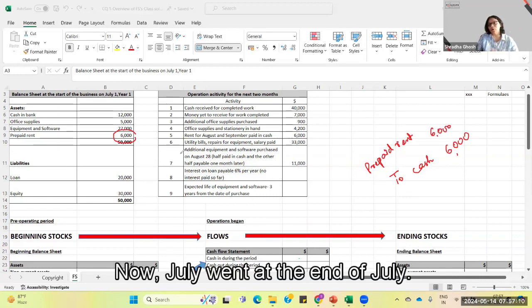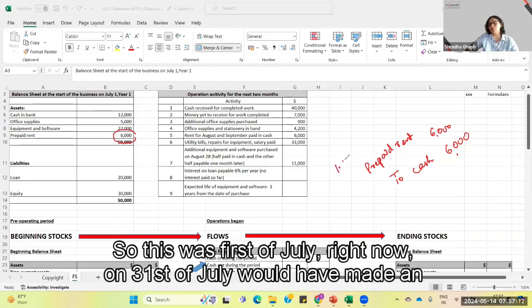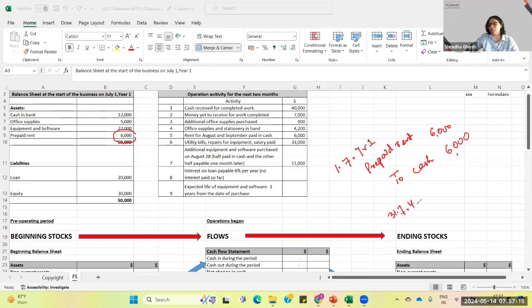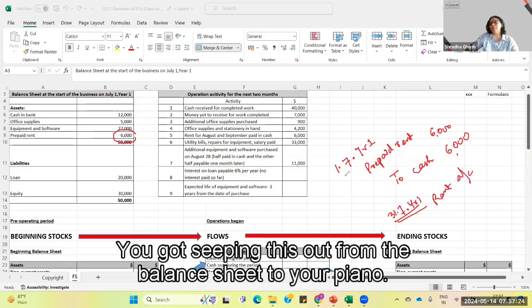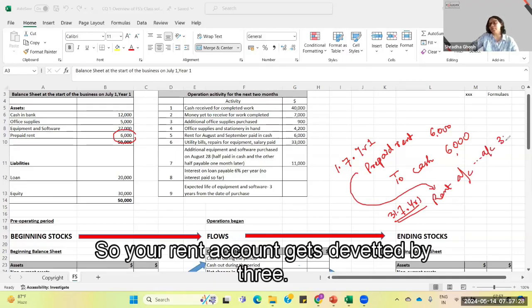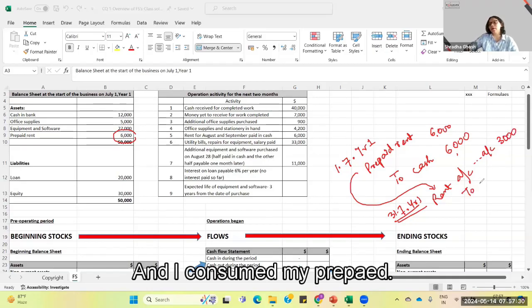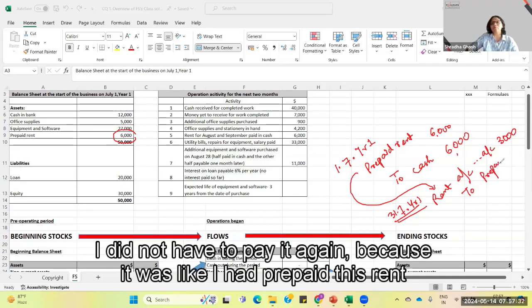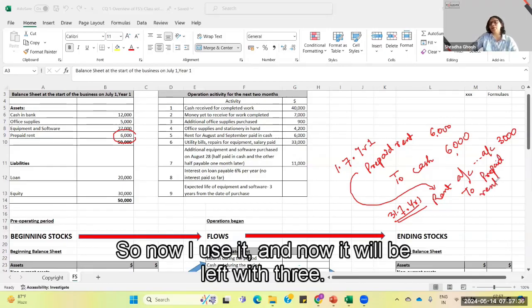At the end of July, on 31st of July, you would have made an entry. What is that entry? You are seeping this out from the balance sheet to your P&L. So your rent account gets debited by 3, and I consumed my prepaid. I did not have to pay it again because I had prepaid this rent earlier. So now I use it and now it will be left with 3.